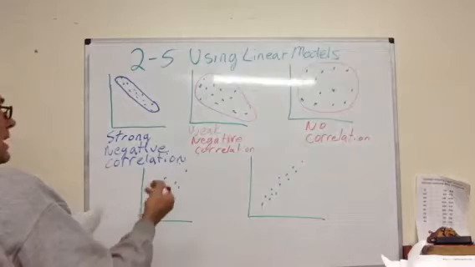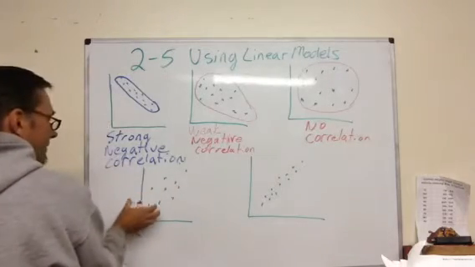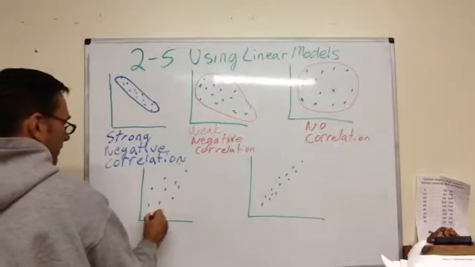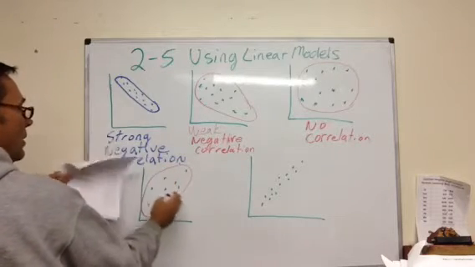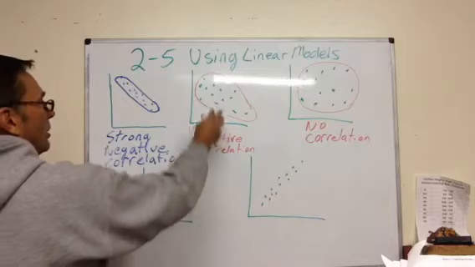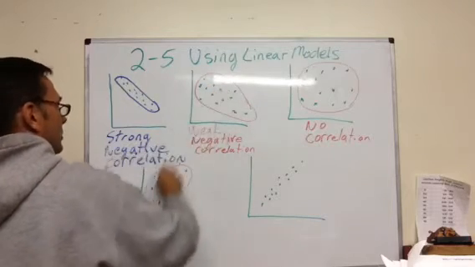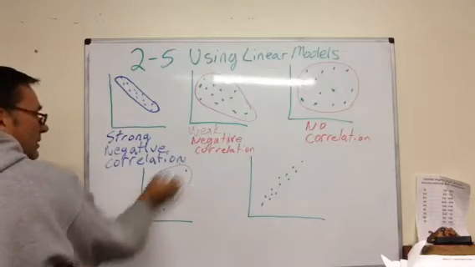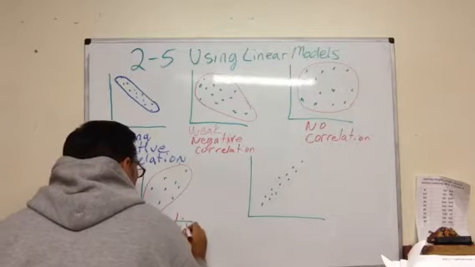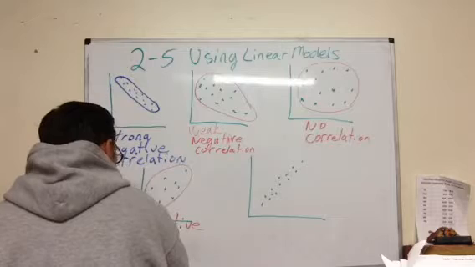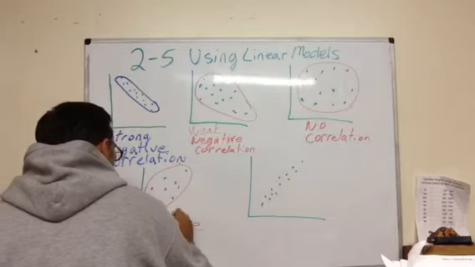Now if we turn it around, the dots are going up. And if I enclose these, it makes a wider circle, kind of like this, but just in a positive light. It's increasing this way. So this would be a weak positive correlation.